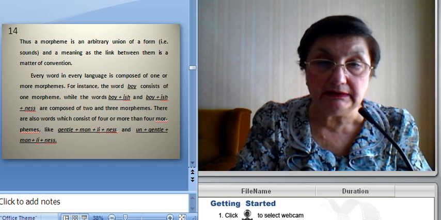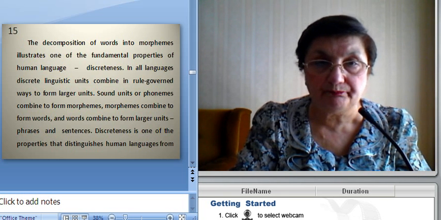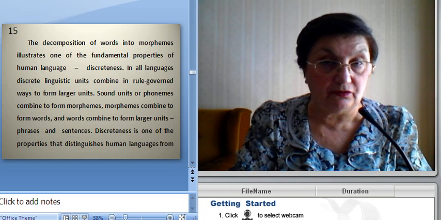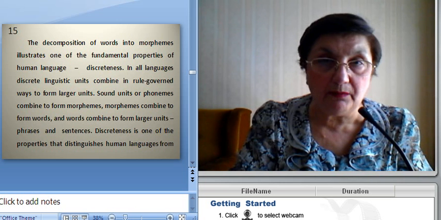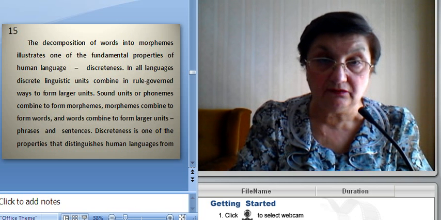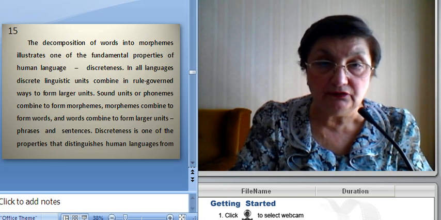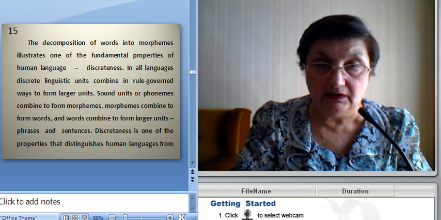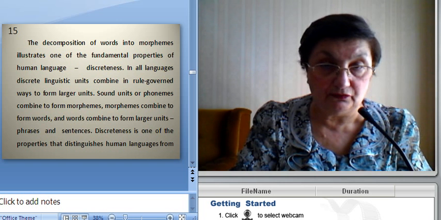The decomposition of words into morphemes illustrates one of the fundamental properties of human language, discreteness. In all languages, discrete linguistic units combine in rule-governed ways to form larger units. Sound units or phonemes combine to form morphemes. Morphemes combine to form words, and the words combine to form larger units, phrases and sentences.